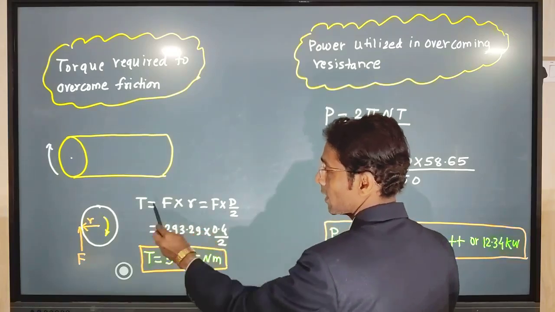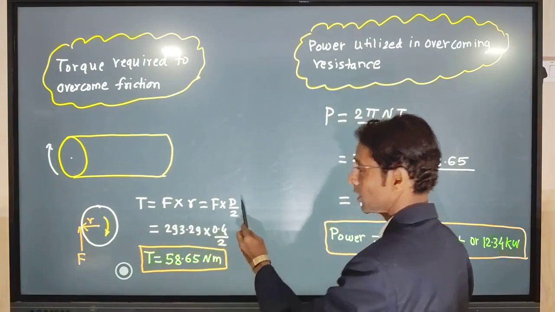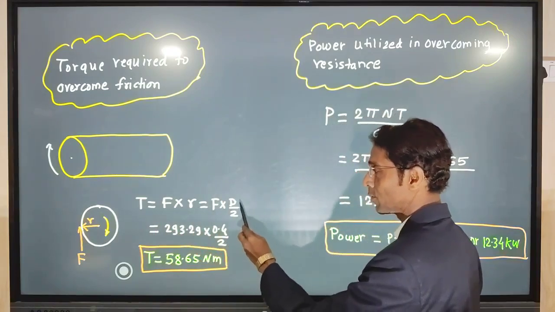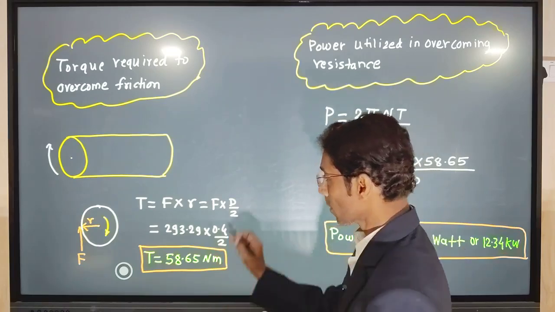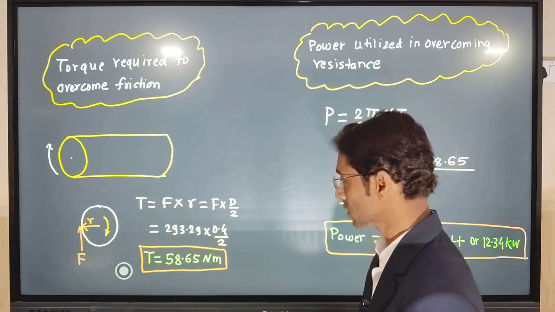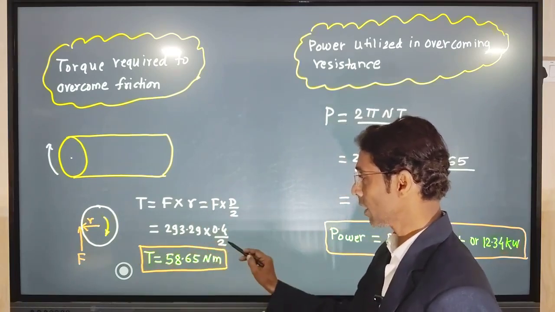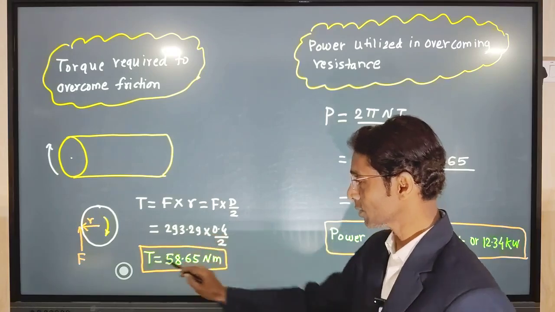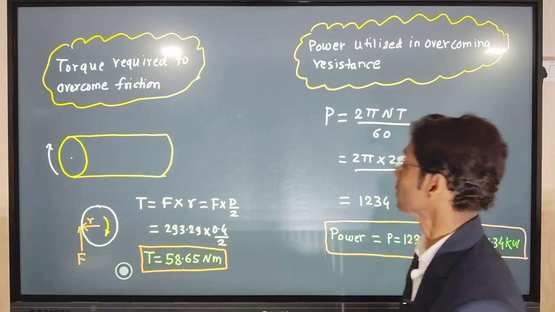So force into radius is torque. Further, this radius can be expressed in terms of diameter because we know the diameter from the statement. Putting in the force calculated in the previous slide in Newton and the given diameter, after the calculation we find the value of torque in Newton meter.